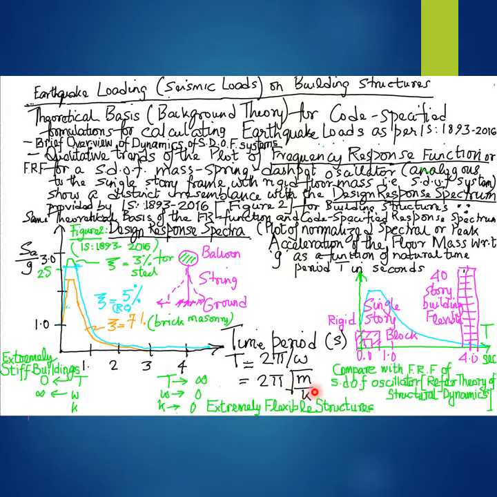The mass of the building is a physical constant and therefore cannot be 0.